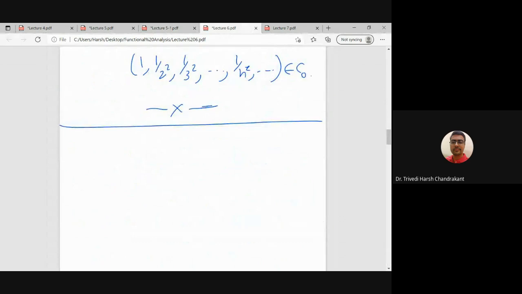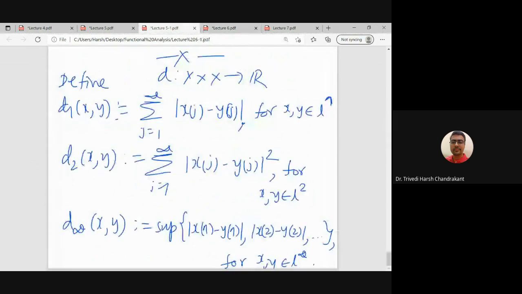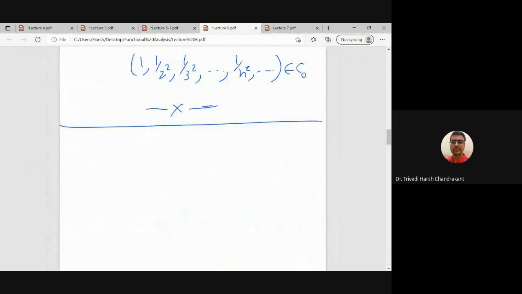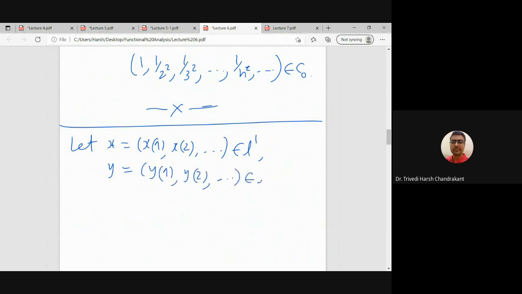So to check the first property, what is given is we are given two elements of L1. So let x and y. So x is x1, x2, xn, in L1, y is also y1, y2, and so on, in L1.